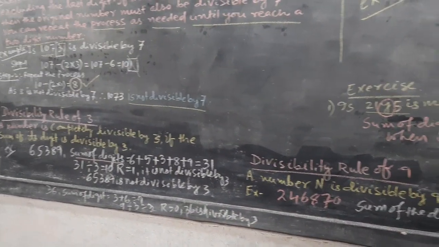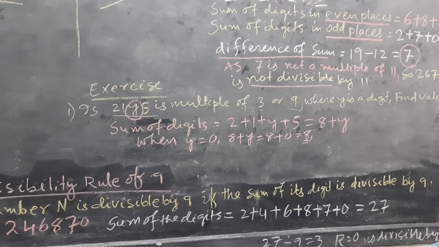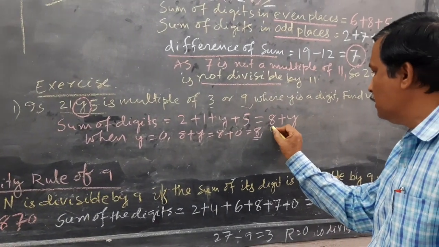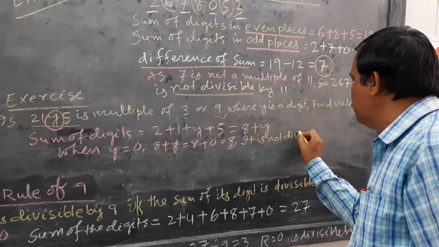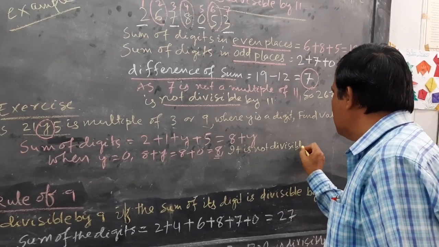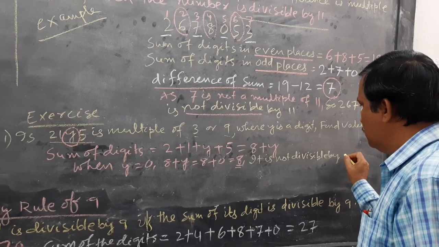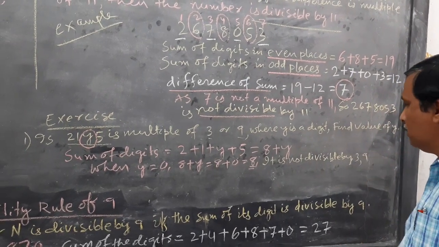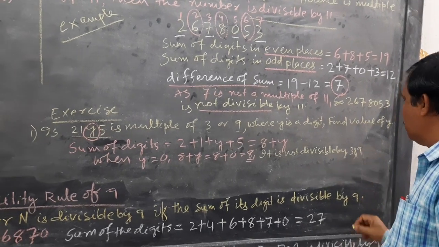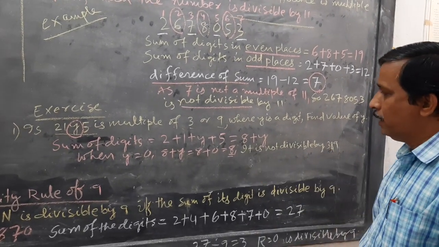But here 8 is not divisible by 3, and also not by 9. It is not divisible by either 3 or 9.